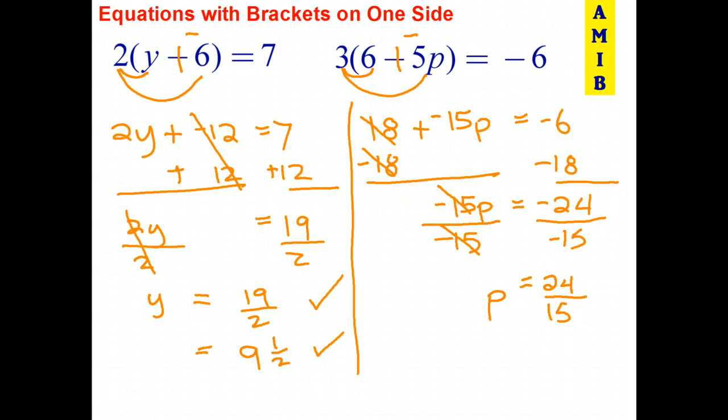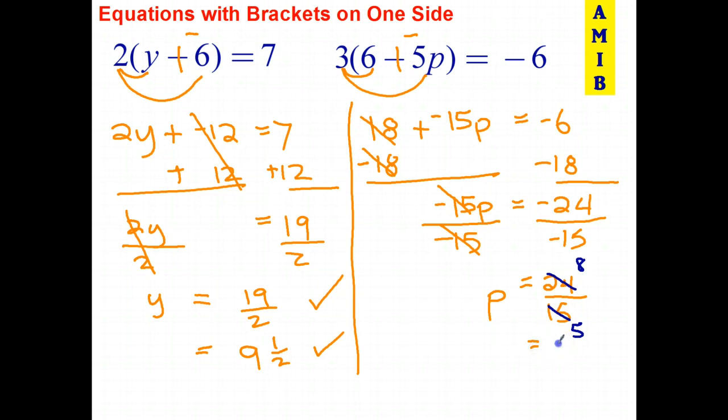And then what I have to do now is simplify that. So I can divide top and bottom by 3. 3 goes into 24 8 times. 3 goes into 15 5 times.